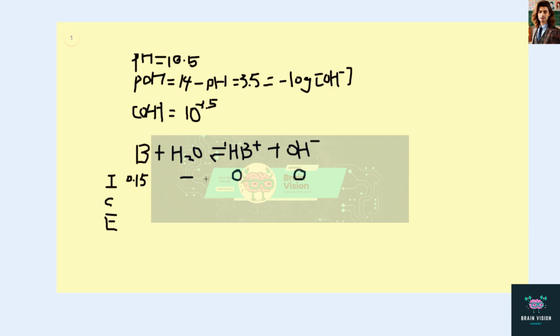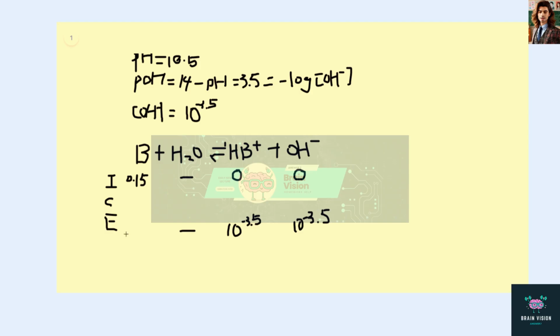Then we know that at equilibrium stage, there is 10 to the power of negative 3.5 concentration of hydroxide existing. So it will be the same amount of change for the protonated base form. We also are not going to consider the concentration of water.